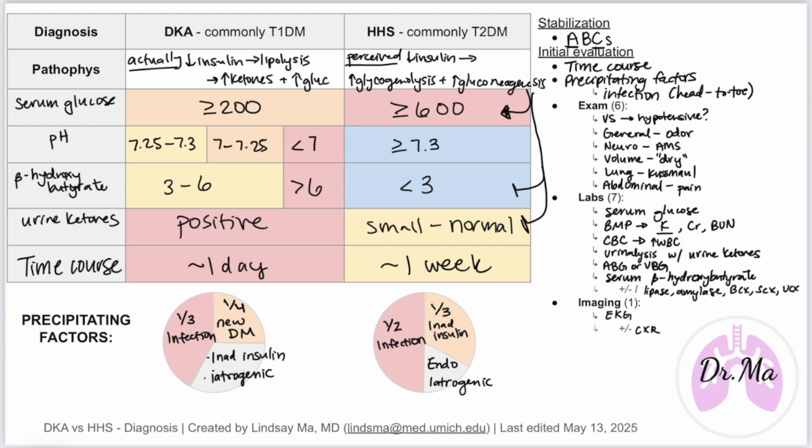By getting the labs that we've talked about, you'll be able to distinguish whether your patient has DKA versus HHS. Some of the key points here is that for patients with DKA, we notice acidosis secondary to ketones being elevated in the blood and the urine, and the time course is short. Whereas in HHS, there's a predominance of hyperglycemia without acidosis and without ketosis.